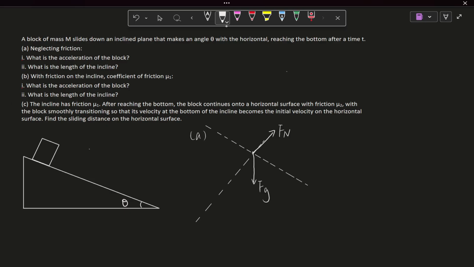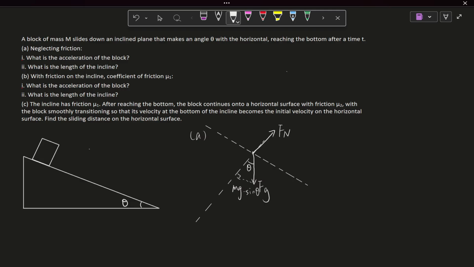So this is one of the components. Always remember this angle is theta. In AP1 you don't really need to worry about it right now. This component is equal to mg times sine theta.